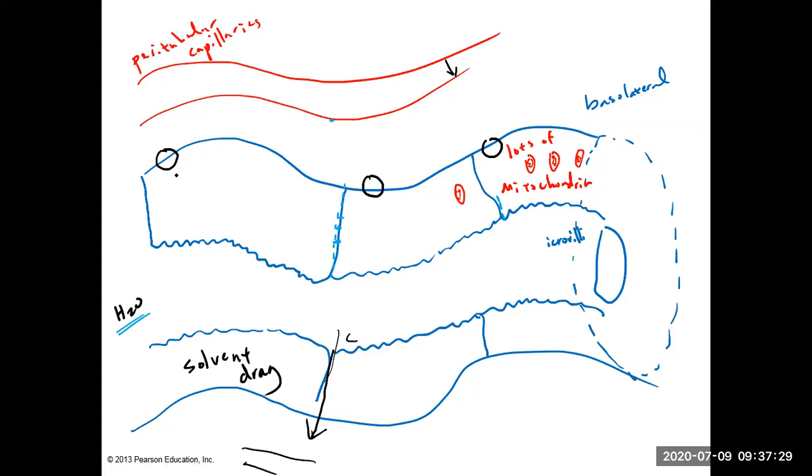And again, you should know the sodium potassium pump pumps 3 sodium out and brings 2 potassium in. So what does that do? It will lower the concentration of sodium in here and increase the concentration of sodium up here. And guess what?